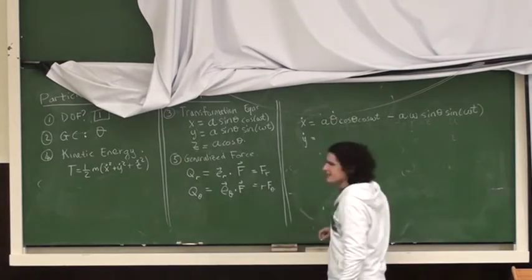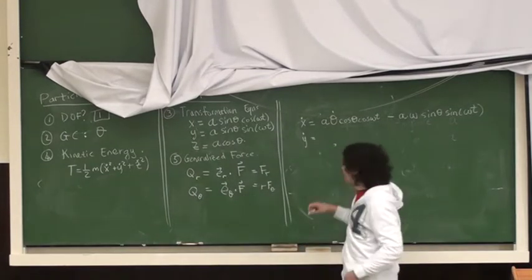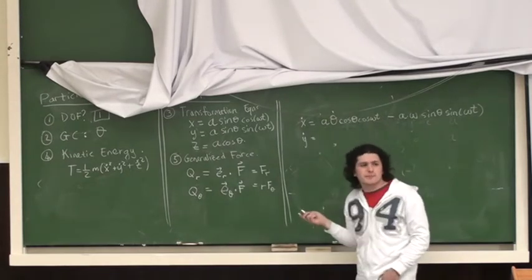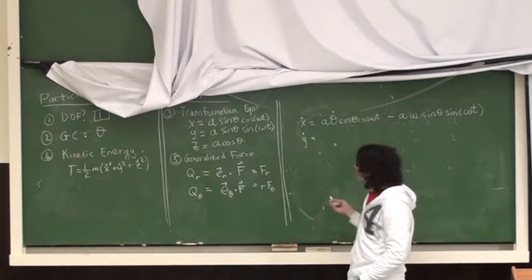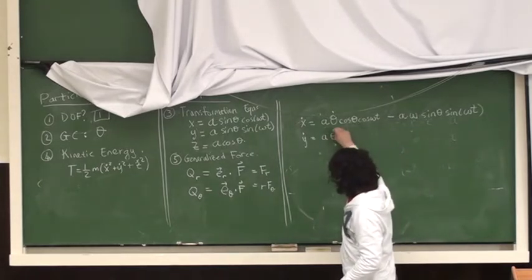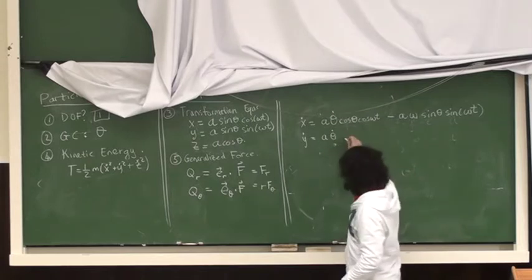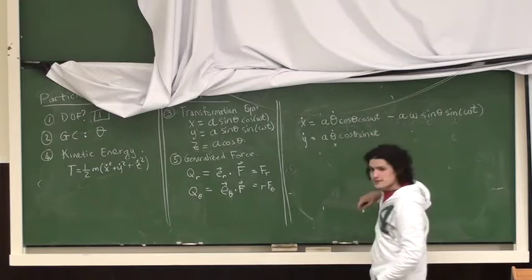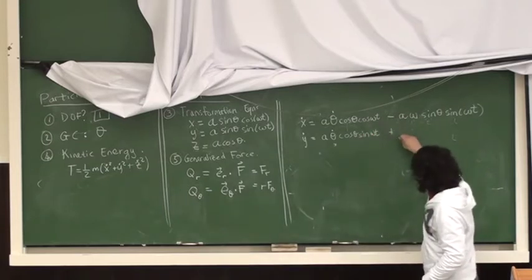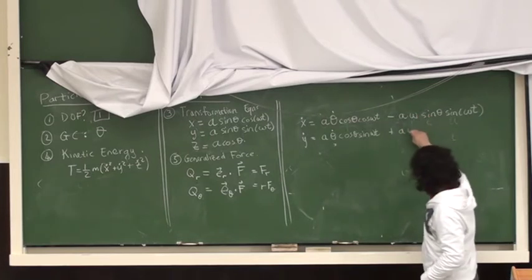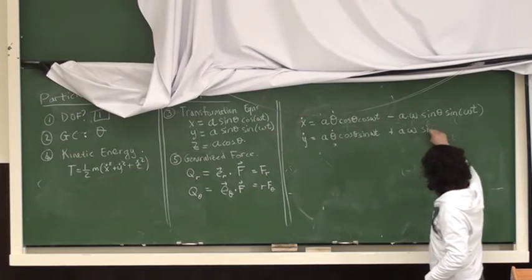Anybody want to tell me what it is? First term here is going to look like, I'm differentiating with respect to theta first, and then with respect to time. So it will be a theta dot, plus theta, sine omega t, omega, theta.